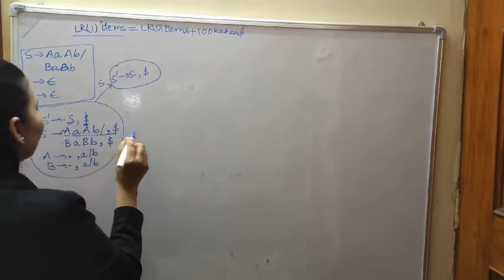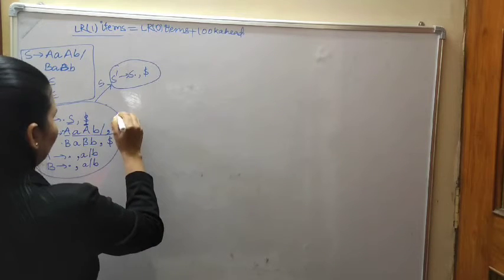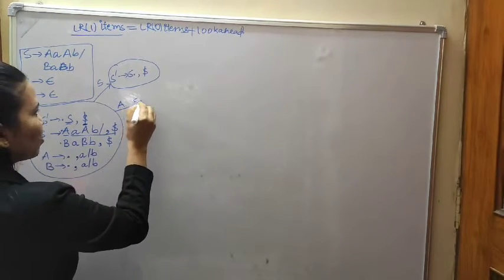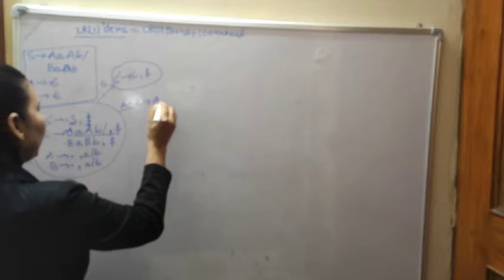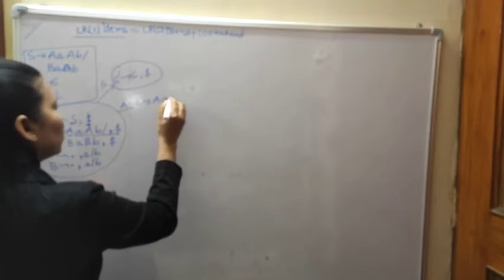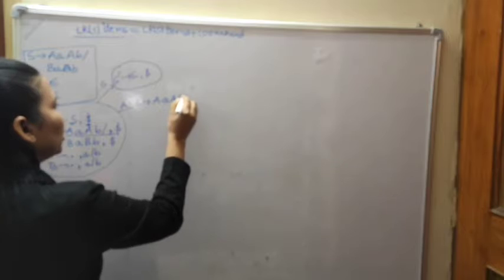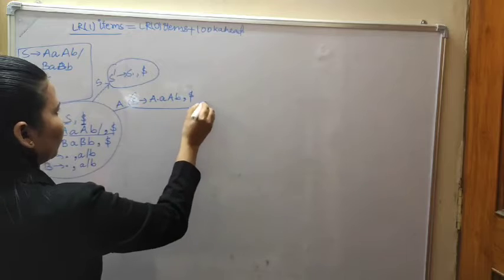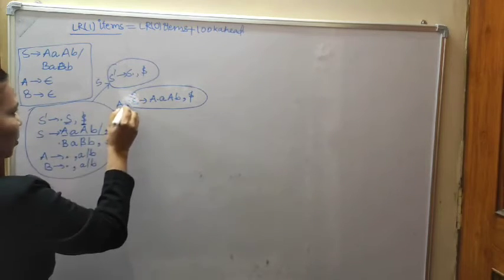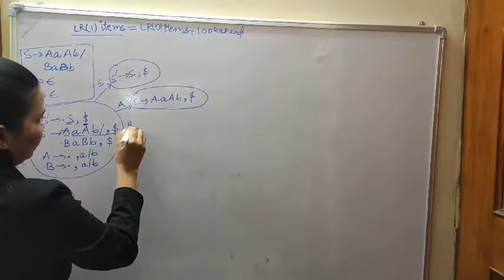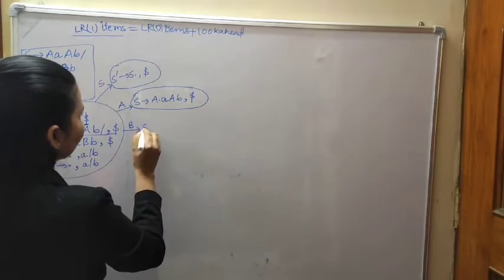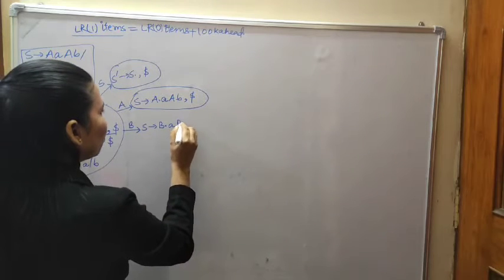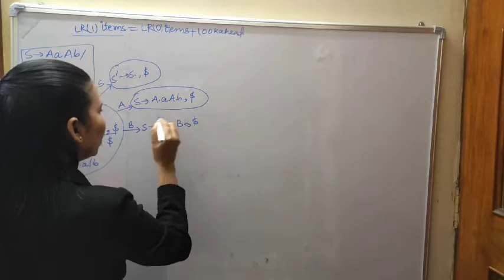Now this A we are moving, so then A, S2, A dot A B, and look ahead is dollar. Now B, for S2 B dot A B and then dollar.